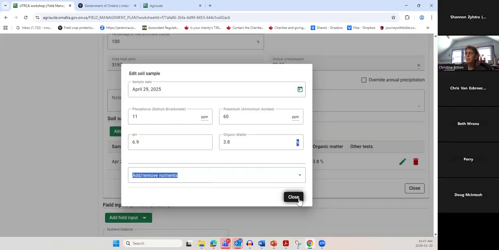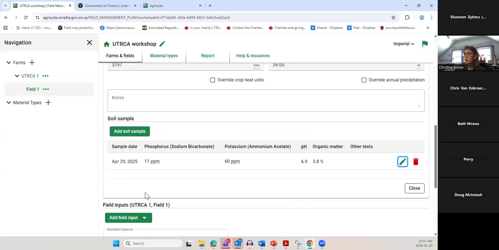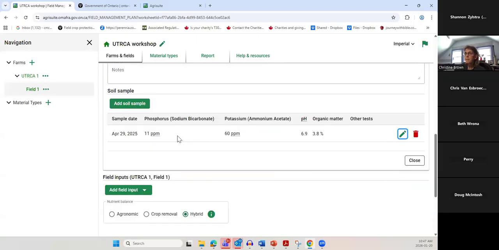I'm just pulling numbers out of a hat. And if I had soil test information for zinc or manganese, I could add that here as well. Or if I'm getting biosolids and I have to have the trace elements or the heavy metals from that soil sample. So I've got that.